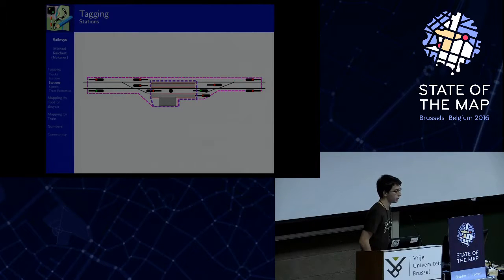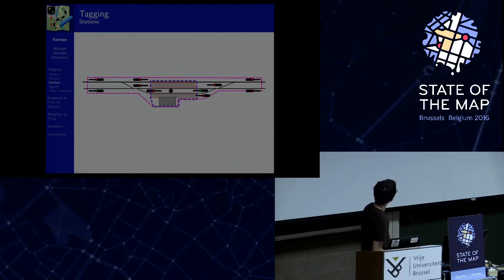Now I come to the next topic, tagging of stations. Stations are sometimes mapped as nodes and sometimes as areas. I suggest you use nodes because you can argue about the extent of a railway station.